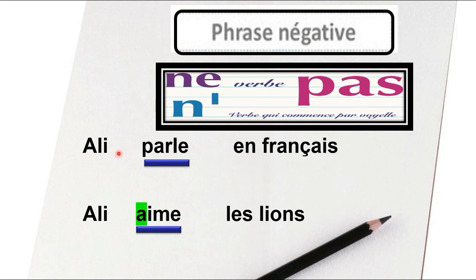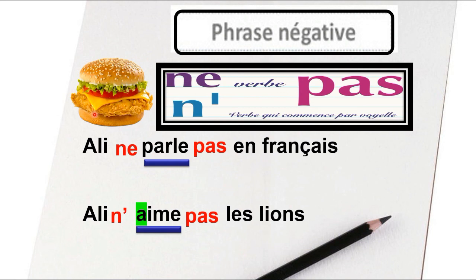After that, I must use ne or n apostrophe depending on the first letter of the verb. Here it is not a vowel, so I say ne parle pas. After that, here it is a vowel, so n apostrophe, n'aime pas. Look at Ali ne parle pas en français. Ali n'aime pas les lions. It is exactly like a sandwich. I have the verb between ne and pas.